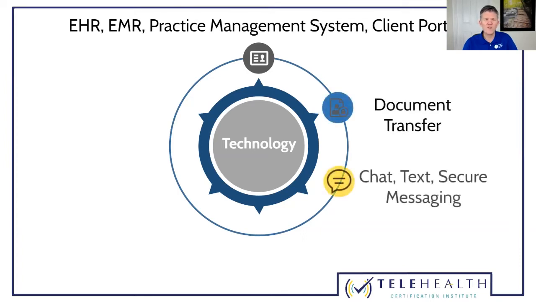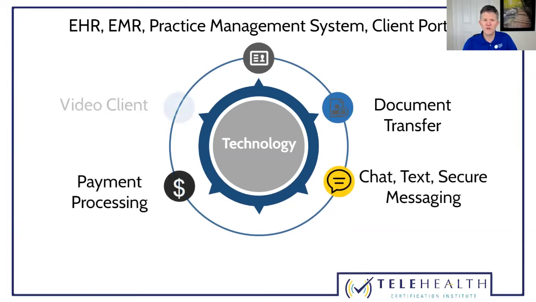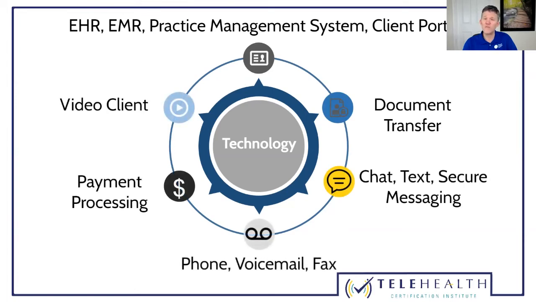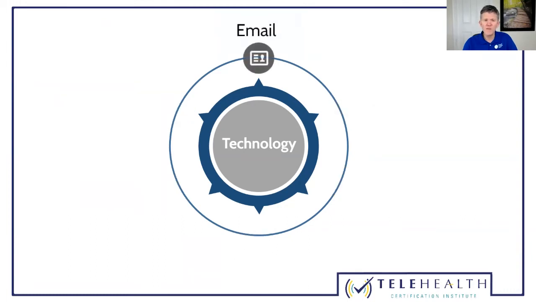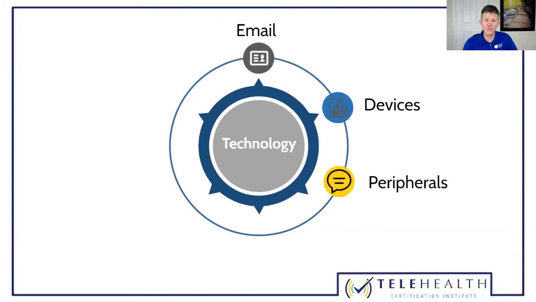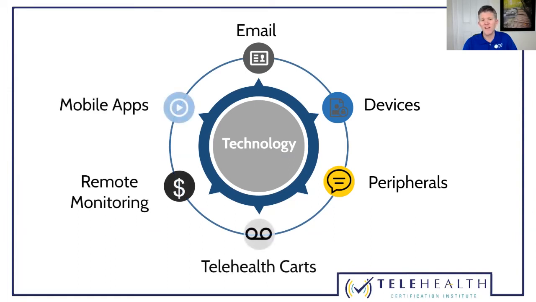A way to transfer documentation or send messages to other people, or collect payment, or video conferencing, phone, voicemail, fax, email, devices, your peripherals, which are like your camera, your microphone, your speakers, or a stethoscope or an EKG or otoscope if you're working with other healthcare providers, remote monitoring devices, mobile apps, and telehealth carts, which you may not be using. But these are a lot of different types of technology that you might need to consider bringing on, and being thoughtful about that in the beginning is going to really help a lot.